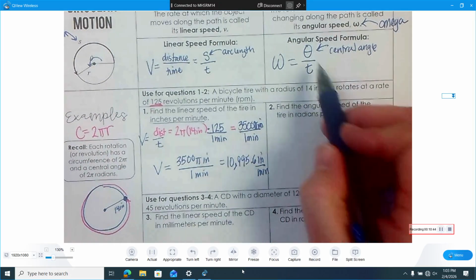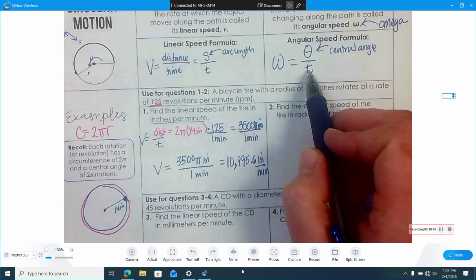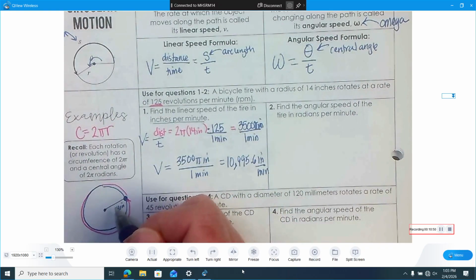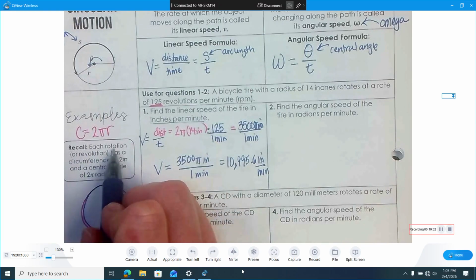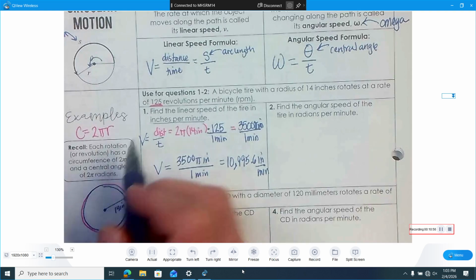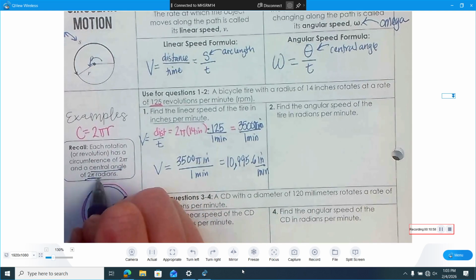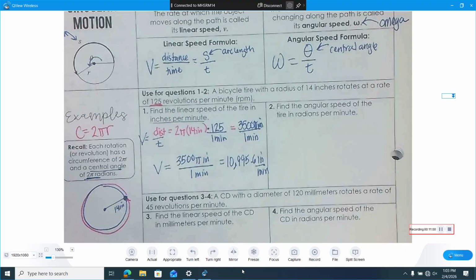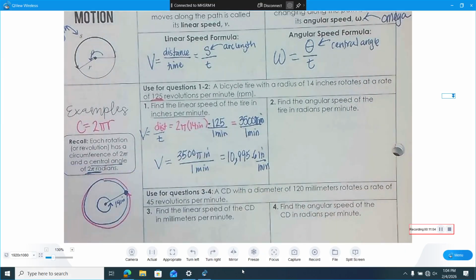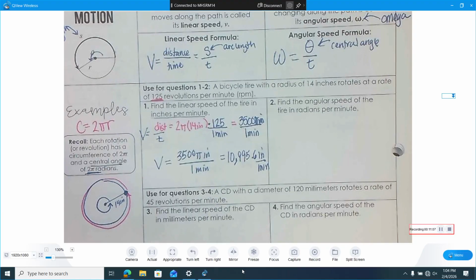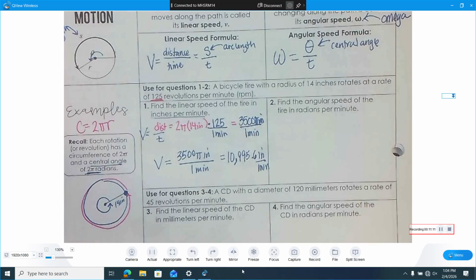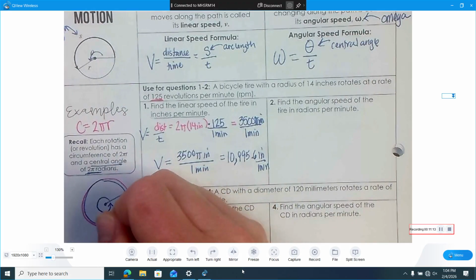the angular speed is the central angle that it's sweeping out. Each revolution has a circumference of 2 pi r, and the central angle is 2 pi radians. If we do one rotation, what was our central angle? How much did we rotate? 360 degrees, but how many radians? 2 pi.